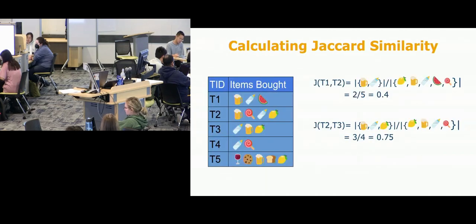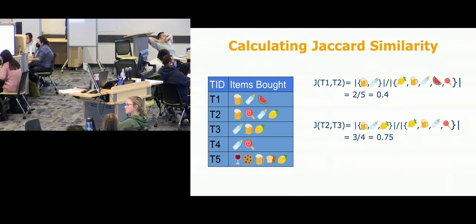So now let's compute Jaccard similarity. Here are transactions T1 and T2. What is the intersection of transactions T1 and T2? It's milk and beer, right? So that's the intersection. And what's the union? T1 has 3 items, and T2 has 4 items.